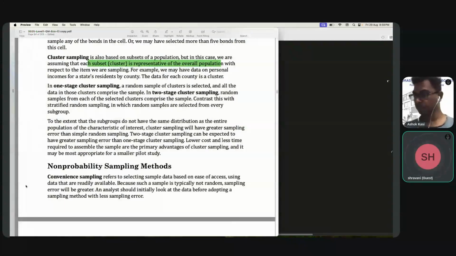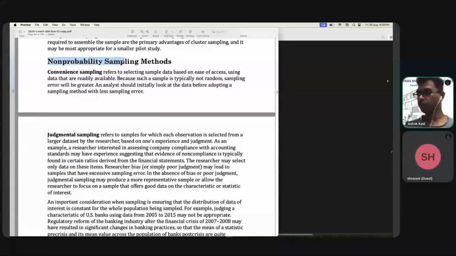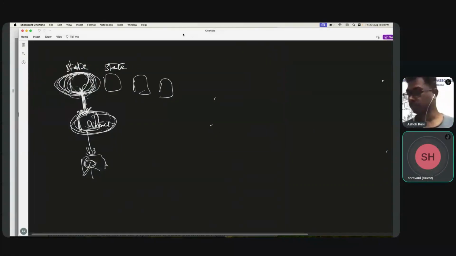Then you see this one, non-probability. Now, what is non-probability? As I said, convenience sampling. You are just asking your friends. So there is no probability involved here. That is called convenience sampling, an example of non-probability. They may ask you this question: what comes under probability sampling, what comes under non-probability.